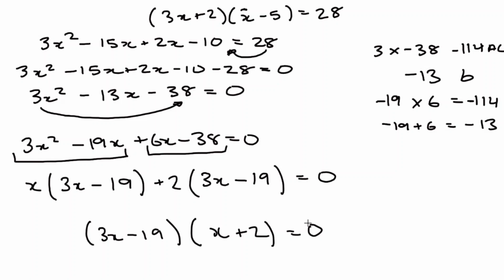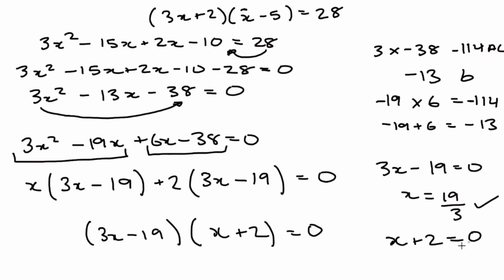And now finding those roots is suddenly a lot more simple because we can equate these terms to 0, because we have 0 on the right-hand side. So x is 19 on 3. And then x plus 2 is equal to 0, so x is equal to negative 2. And that is our second root.